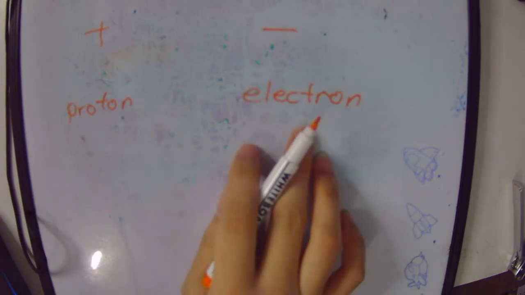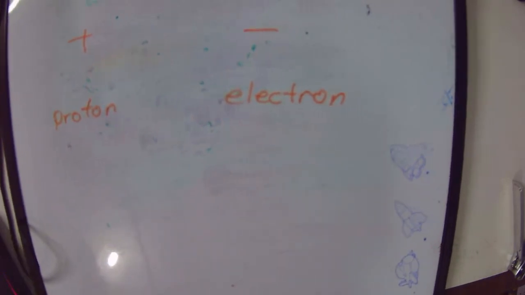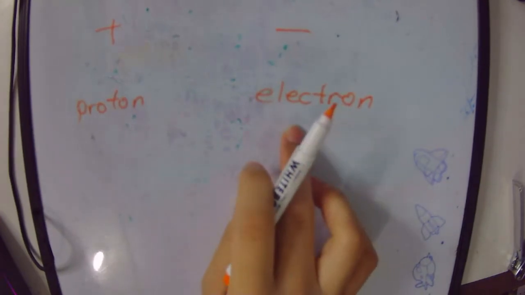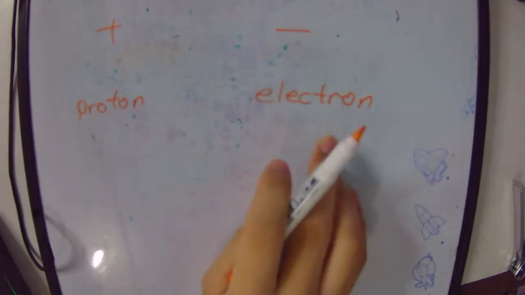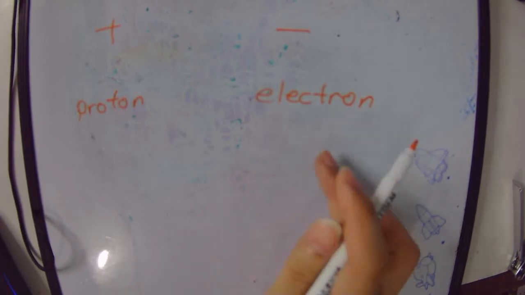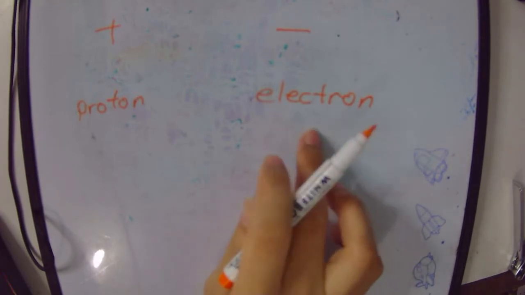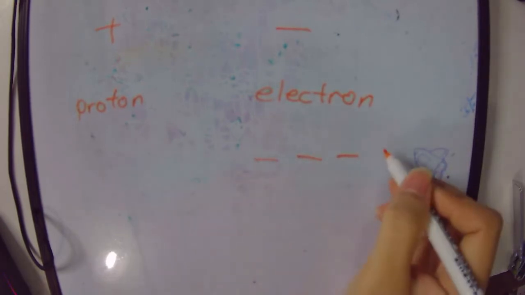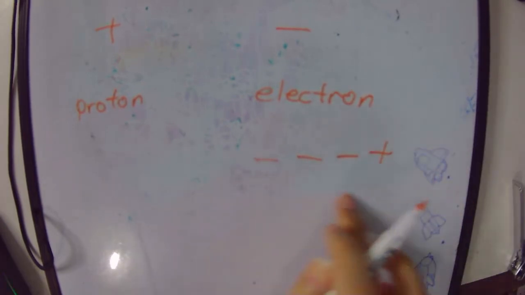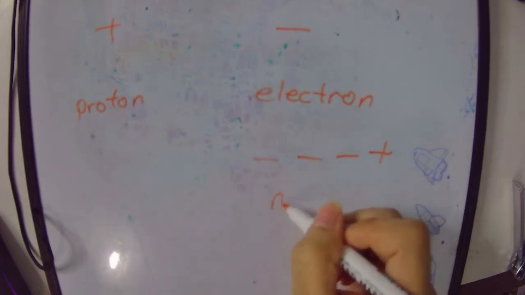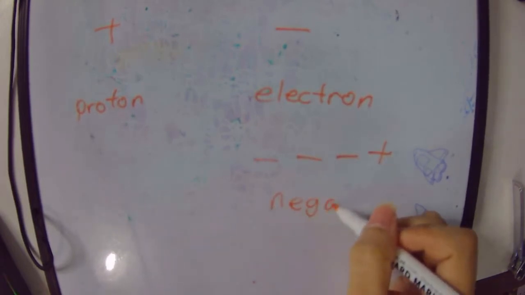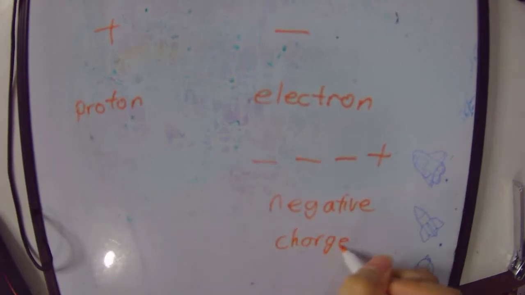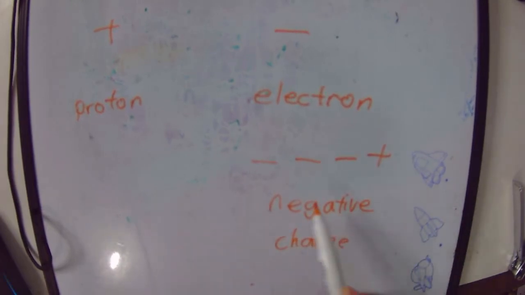So we also study that in chemistry and in other physical reactions, sometimes an electron might move from one atom to another. So when something has more electrons, so let's say you have 3 electrons and 1 proton, then you get an overall negative charge. Right?